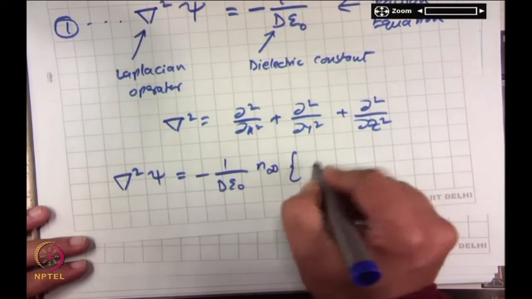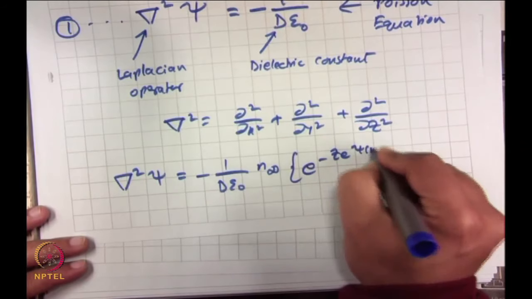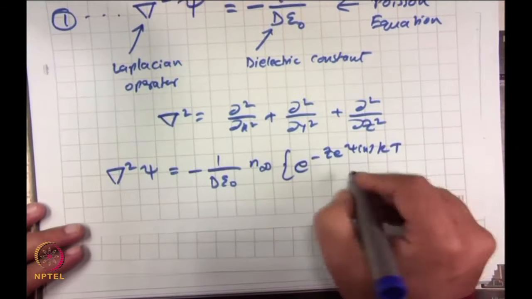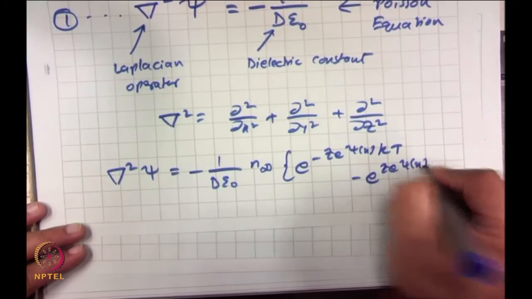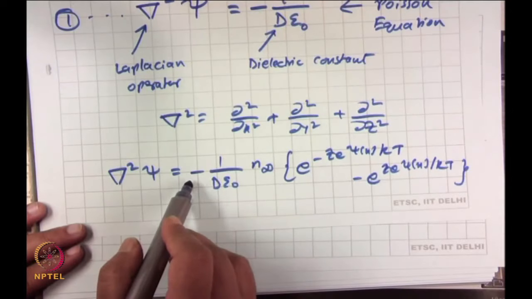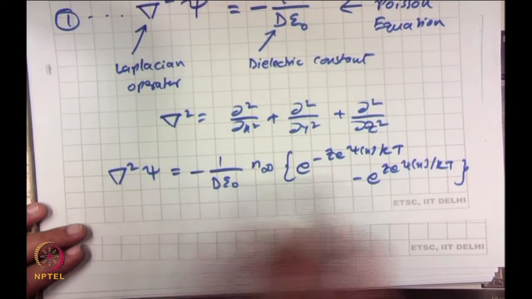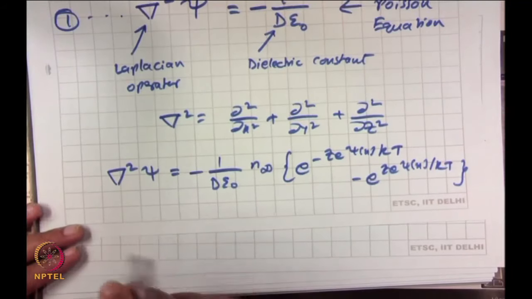I am left with e to the power minus z e psi x over k t, then minus e to the power z e psi x over k t with a negative sign in front. See, now you have psi on both sides of the equation. So, you understand what you are going to do, right?